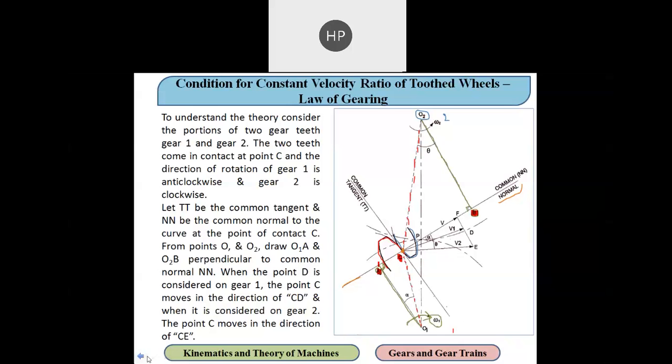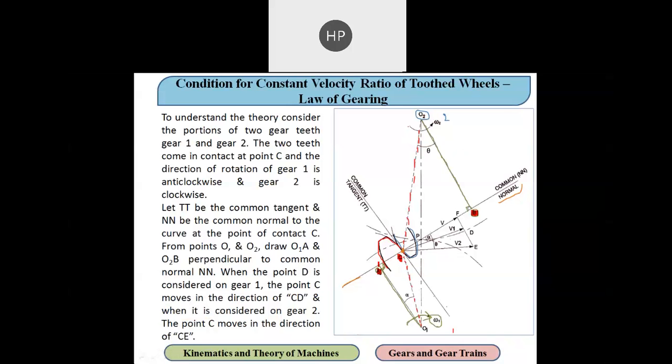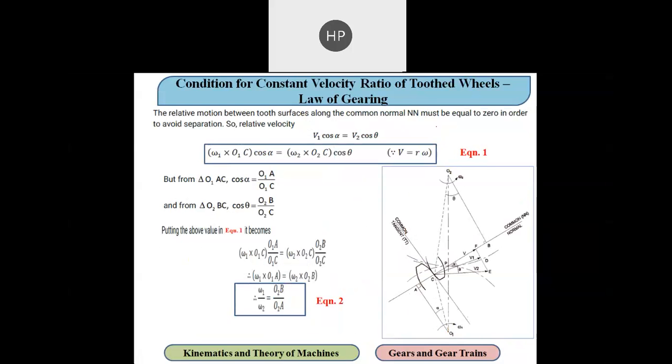While this gear 2 is rotating in an anti-clockwise direction as shown here, it has angular velocity omega 2. Then what is the condition?